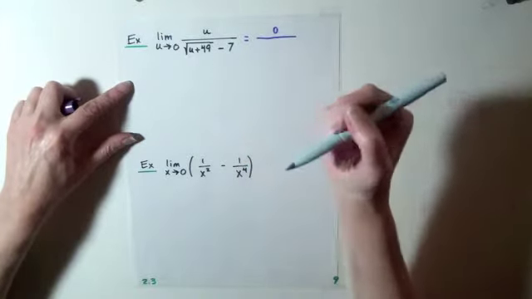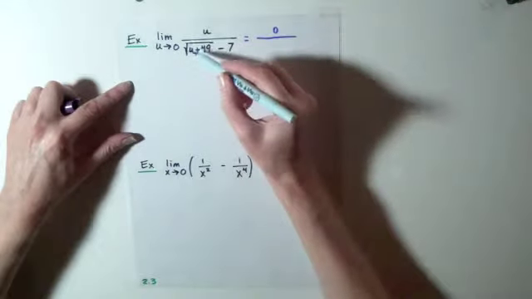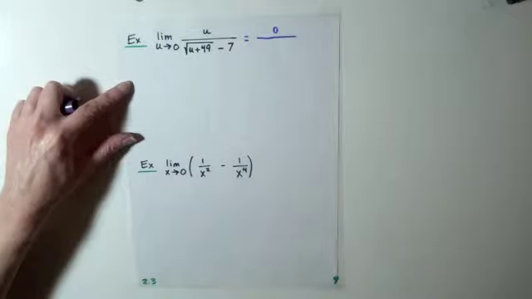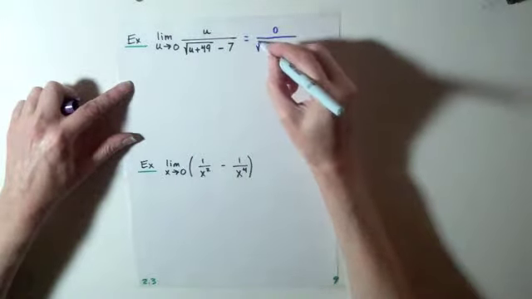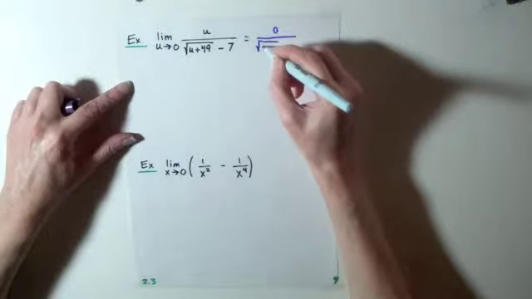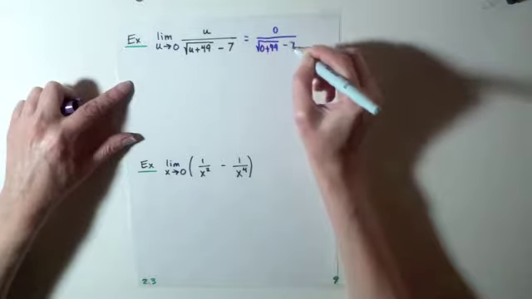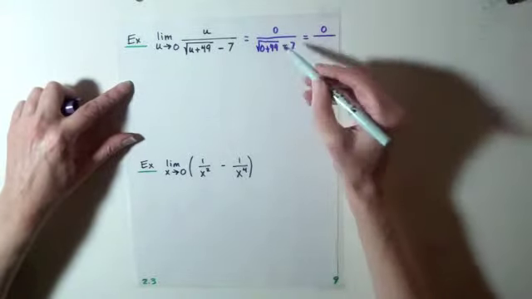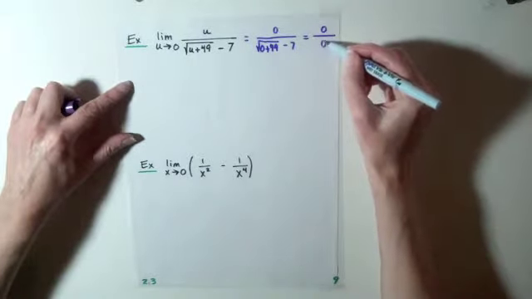I'll let you go ahead and fill in the details of that. Ultimately, we will end up just allowing u to go to 0. So I'll let you fill in the steps that would go in between here, but the bottom is going to be getting closer and closer to 0 plus 49 minus 7. And if we compute that, I would get square root of 49 is 7 minus 7 gives me 0.